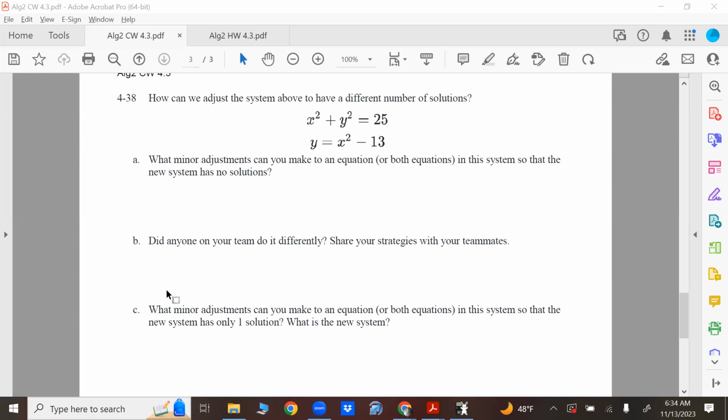So that is possible. What adjustments can you make? You could reduce the radius for equation 1 so that the parabola completely misses it. What if you have a super tiny circle and the parabola misses it?